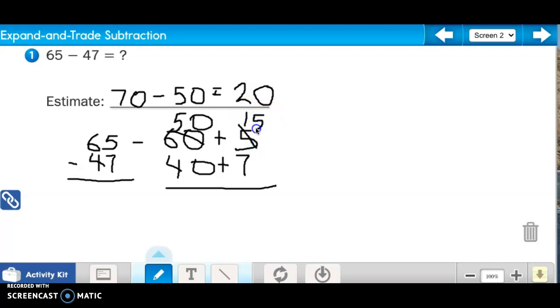Now if you have 15 pieces of candy, you can give me 7. 15 minus 7, you would have 8 pieces of candy left. Now 50 minus 40, 5 minus 4 is 1 and 0. So if you add those together, 10 plus 8 is 18.